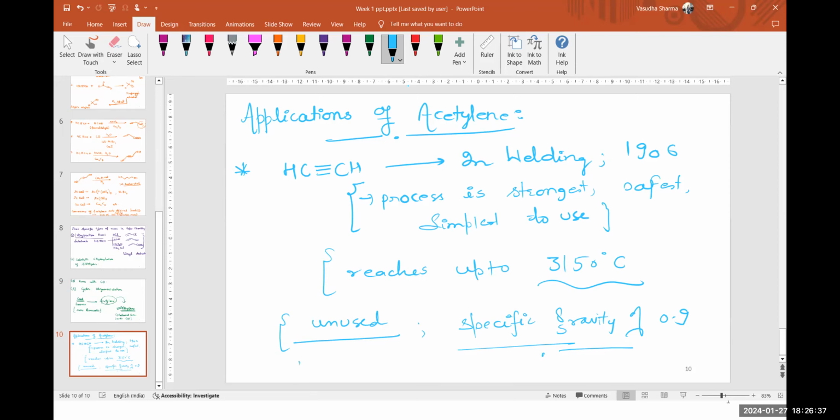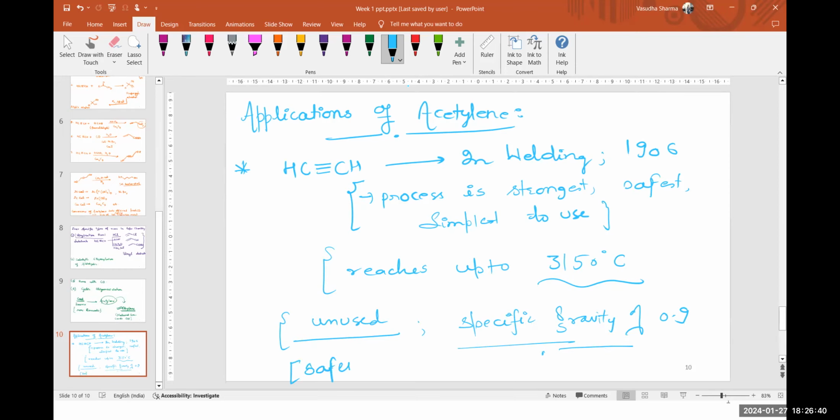So it is safe to use. This is one such application of acetylene which we see in 1906.